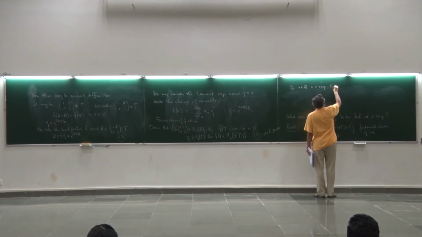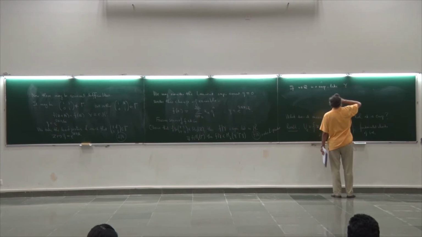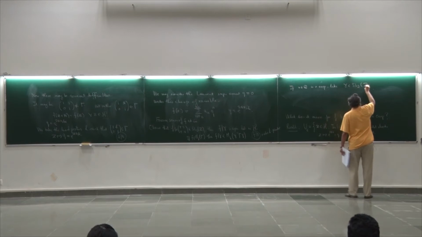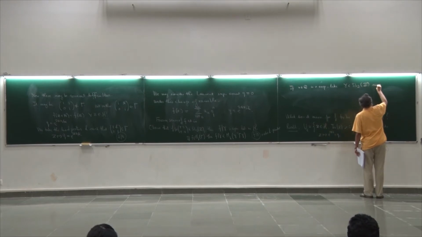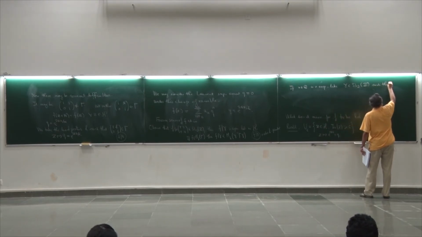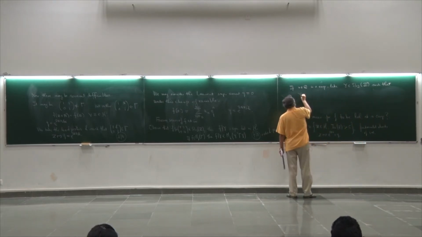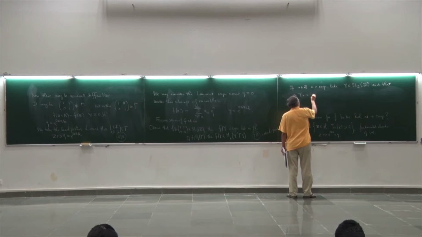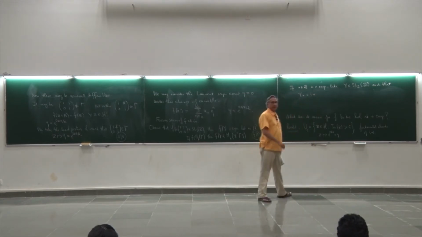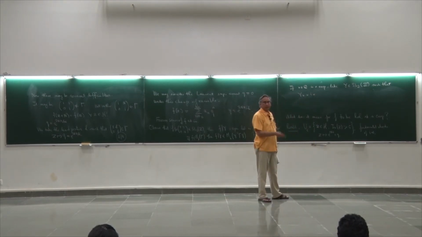We take gamma in SL2Z such that gamma sends x to infinity. We know that all the cusps, the rational numbers, are equivalent under SL2Z.